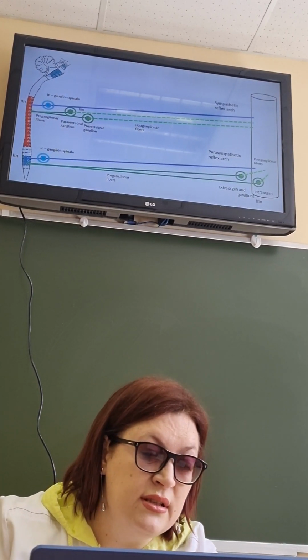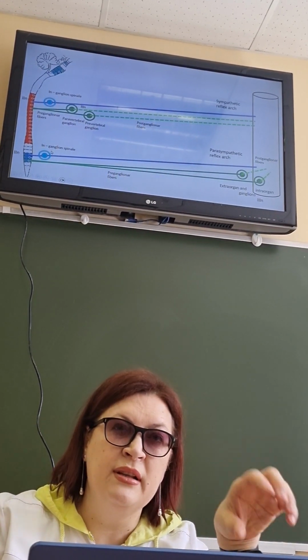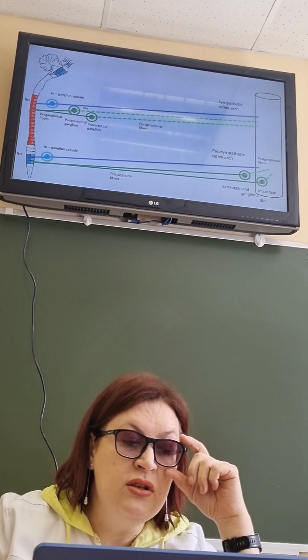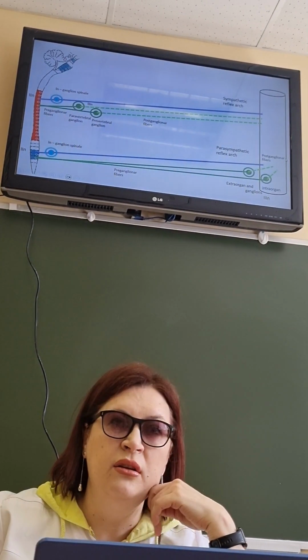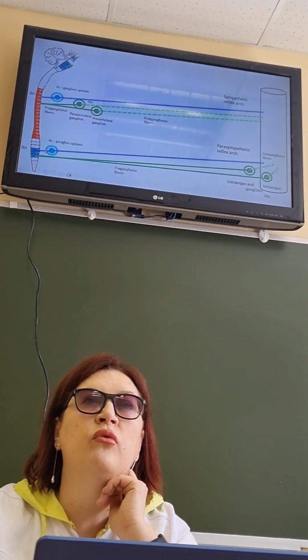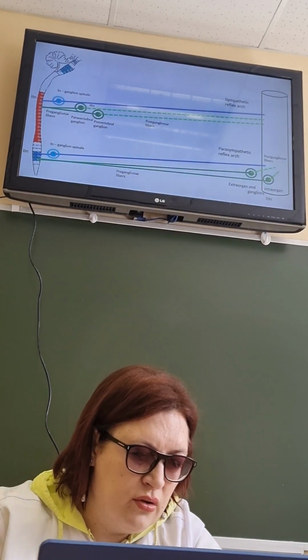The bodies of the sensory neurons are located in the spinal ganglion and the cranial ganglion of the cranial nerves. Dendrites form the sensory nerves. Axons form the posterior root of the spinal nerve or the roots of the cranial nerves.